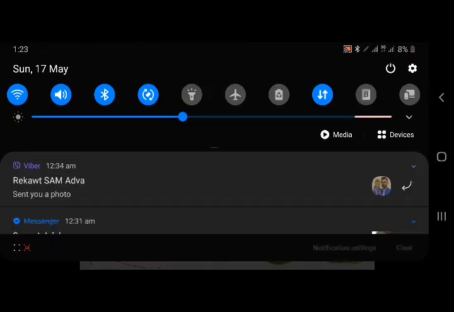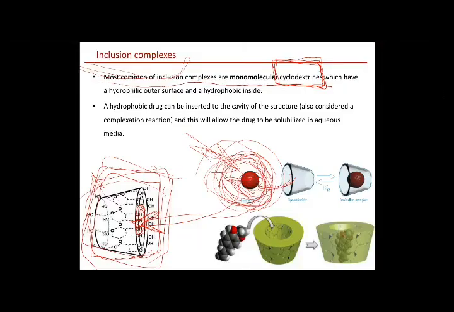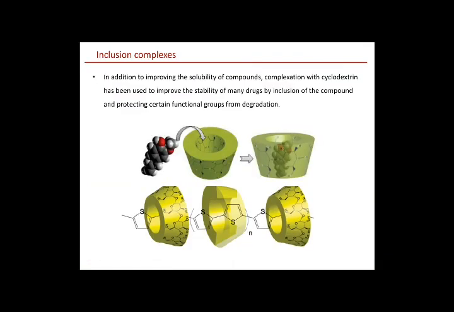And then when the drug reaches its target site, it can just get out of this cavity and have its effect. Now, this is a picture of the drug within the cavity of the cyclodextrin, which is an inclusion complex, and this is the drug outside the structure.